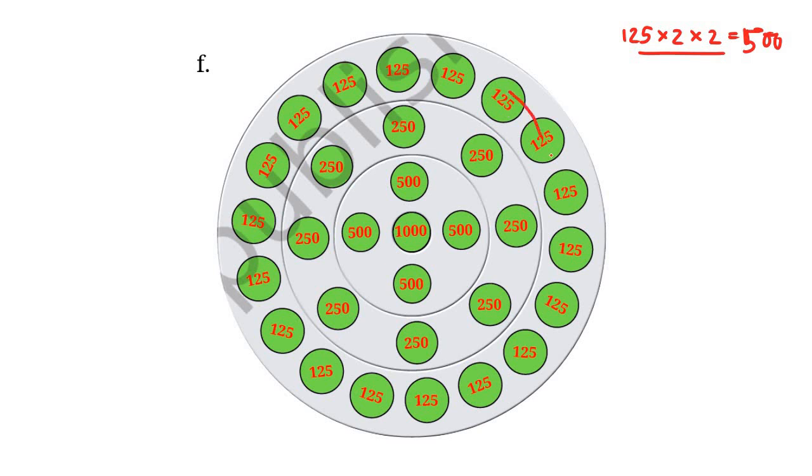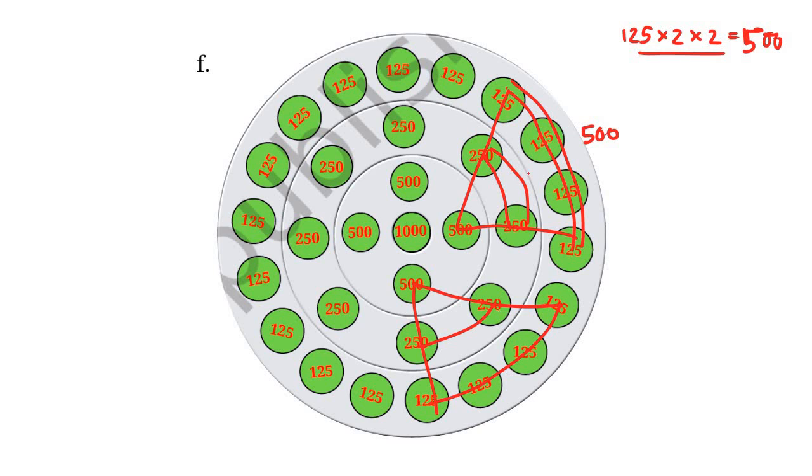This block on this side is 500, again 250 into 2 is 500, and this is 500. So this is a way of trying to understand. This entire thing is 500. Again this two addition is 500 and this is 500. Same thing over here, you can do like that. This, this and this, the same structure, again 500.